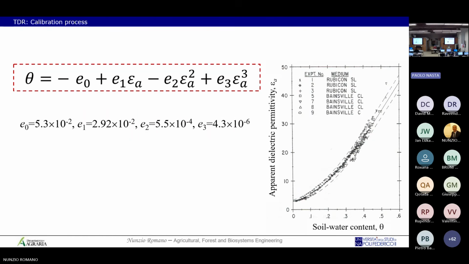And so you can relate the benchmark soil water content to the dielectric property and build your own calibration function.